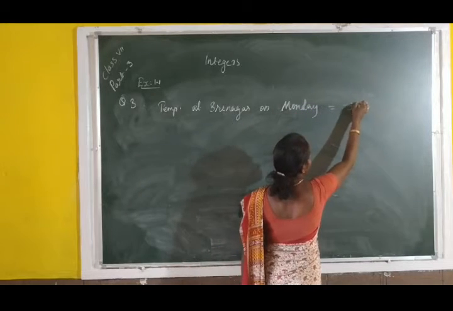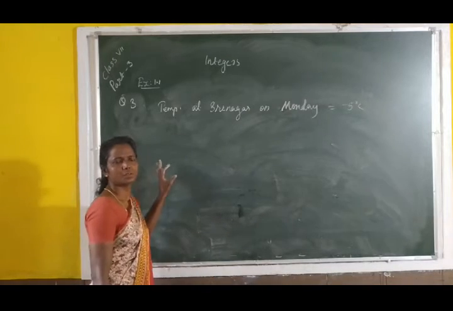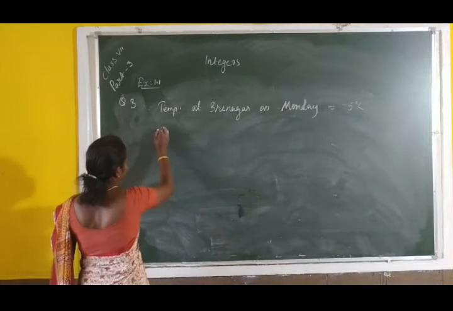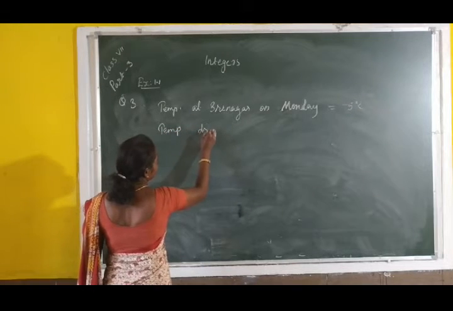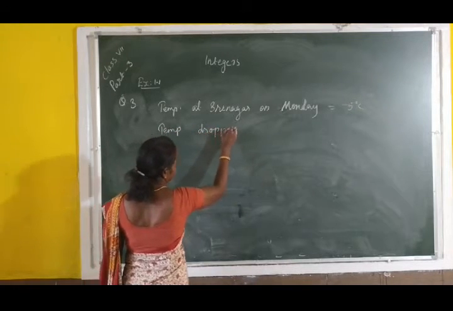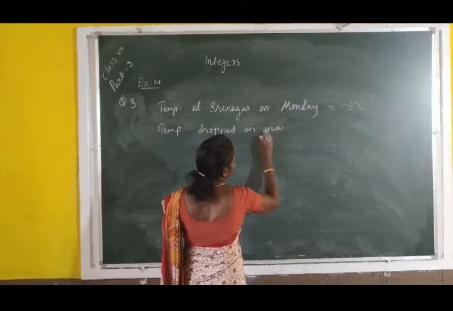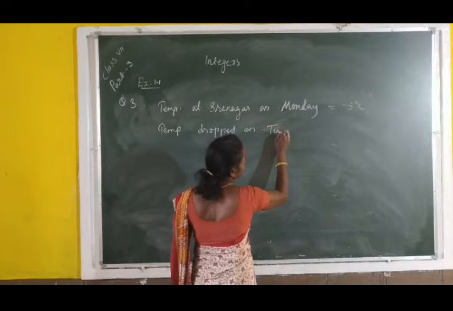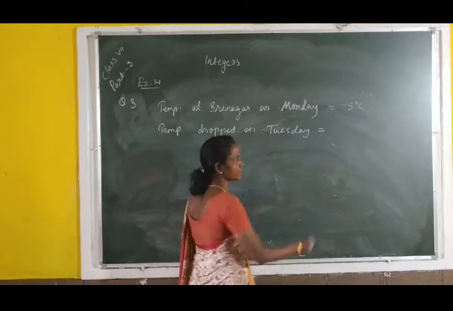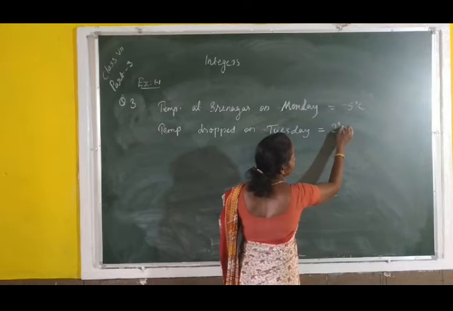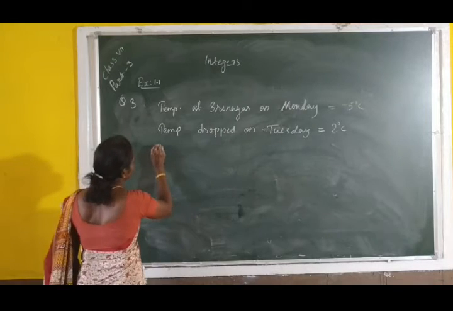Negative 5 degrees Celsius. Then on Tuesday the temperature dropped. Tuesday, how many degrees Celsius dropped? 2 degrees Celsius dropped. So find out the temperature on Tuesday.